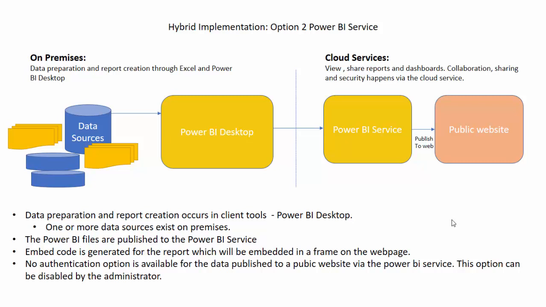The public website can then show the data and the reports that we've got on their own domain. The only thing is that in this case, we cannot implement any security. So you've got to be really careful in terms of the data that you publish or provide to a public website.